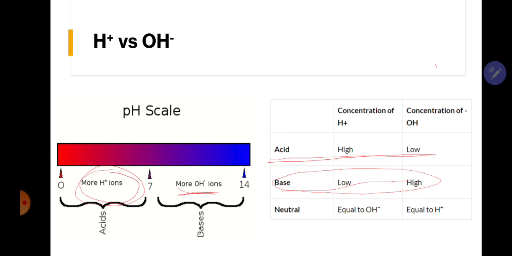With your base solution, if I add bleach to water, my OH concentration is going to go up and my H concentration is going to go down because those bases are going to be accepting the hydrogens, as we talked about a couple days ago. If your solution is neutral, they're generally equal. Sometimes it fluctuates a little bit, but overall it's equal.